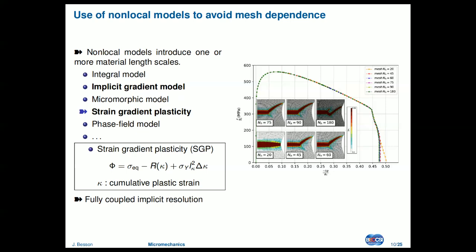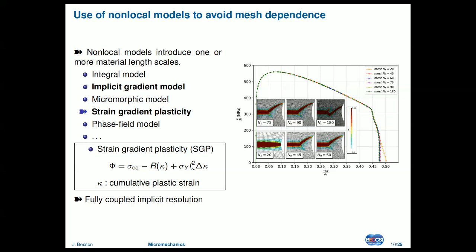If you use that kind of model, and that's on the right, you see that whatever the number of elements, I get exactly the same. A number of elements is equivalent to the element size in these. I will get exactly the same stress response, more or less the same crack path with cup cone. We also did the test where we tilt the mesh and we always get the same crack path. We get rid of that mesh dependence.